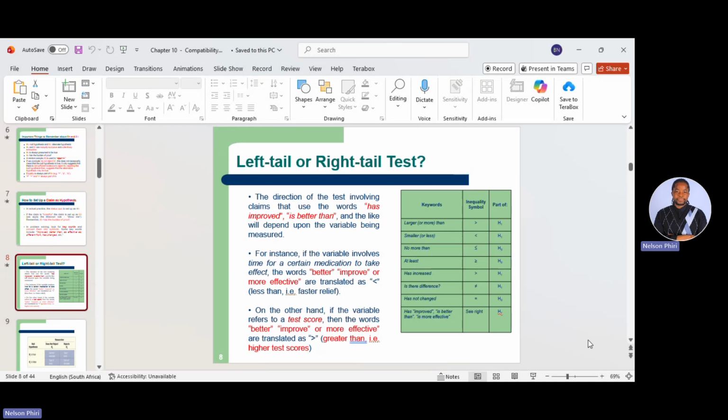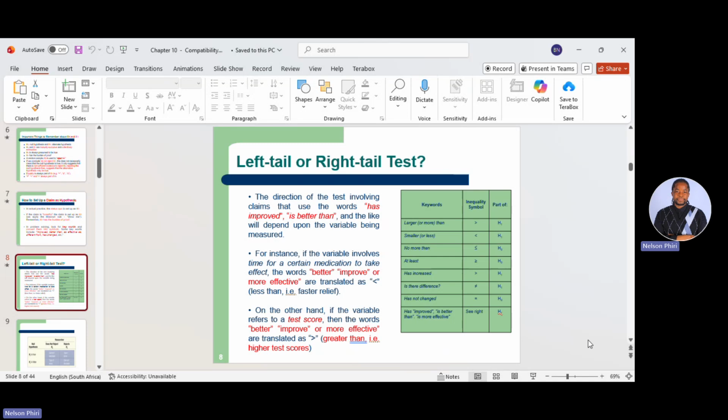So the right-tailed test, the direction of the test, if you're talking about words, is improved, is better than, these depend on the variable being tested. But normally, if we're talking about improved or more effective, this is translated as less than, i.e. faster relief. So if you have better or more effective, it is less than.